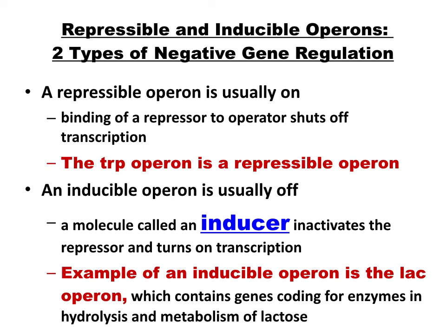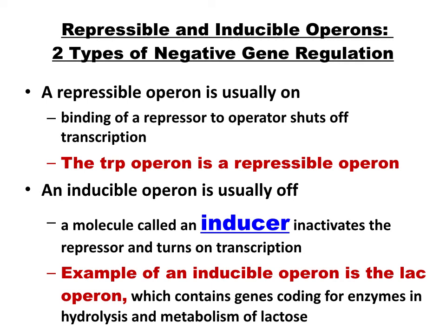The difference between them is that the repressible operon, the trp one, only has its active shape in the presence of tryptophan, the regulatory metabolite. So the operon itself gets turned off by the presence of tryptophan.